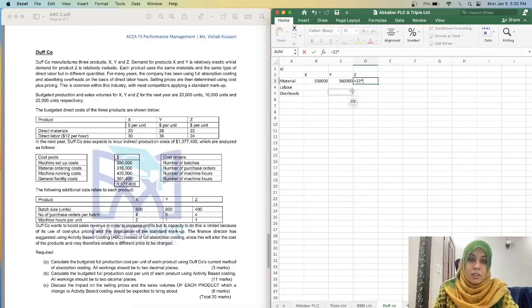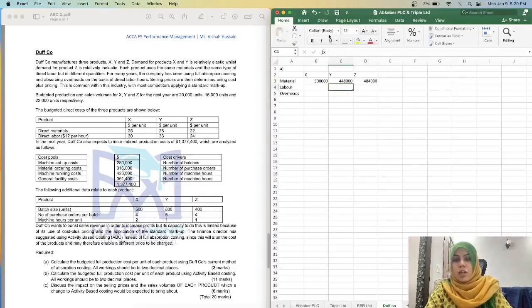My bad, we do not have the same units for all of them. This is going to be 16,000, and then 22 by 22,000 only. Now you have the labor. So for labor, I told you that you need to compute the hours per unit, but right now you do not need that. They've already mentioned the per unit cost of labor, right?